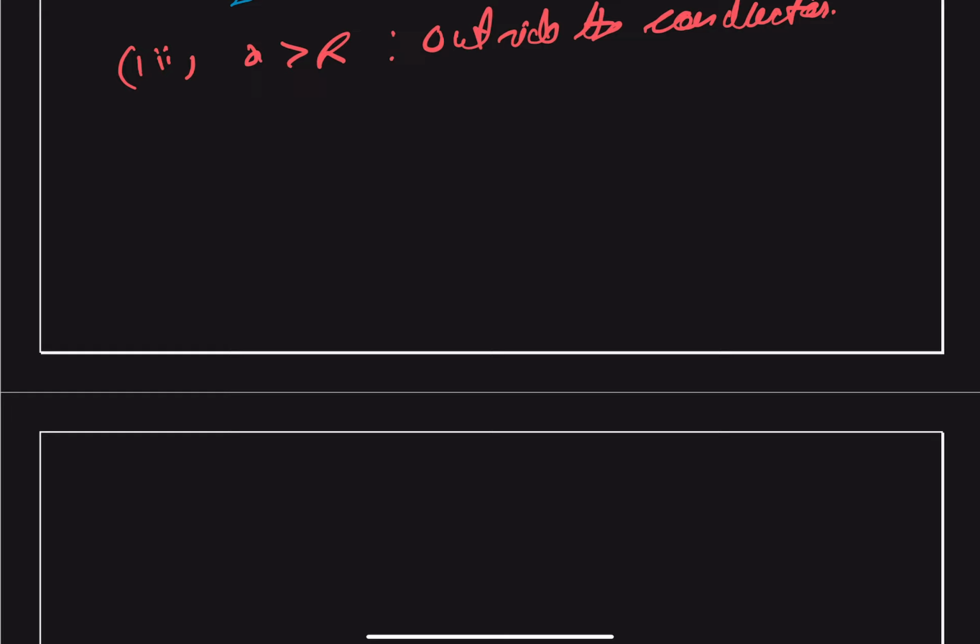We can say, by Ampere's law, for a closed surface, our B dot dl will be equal to mu naught times current, and this current is the enclosed current within this closed surface.